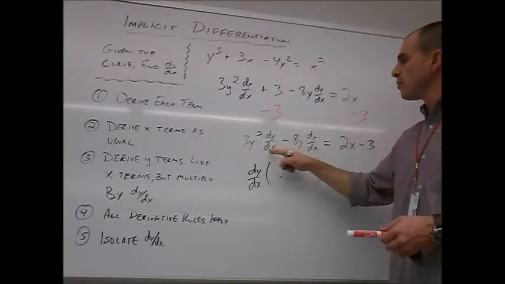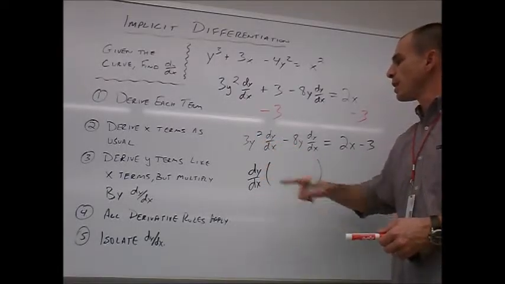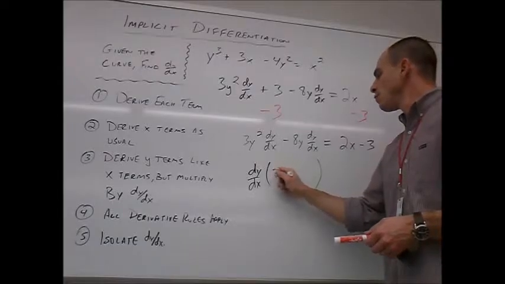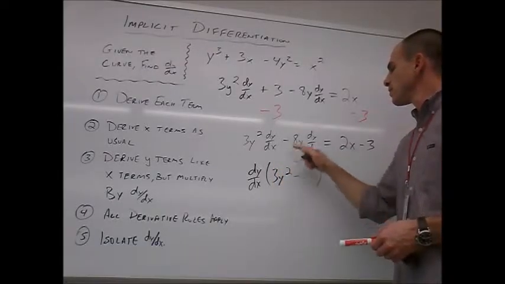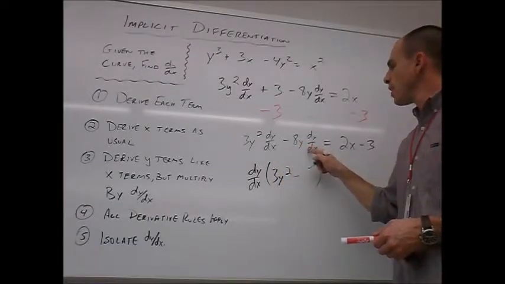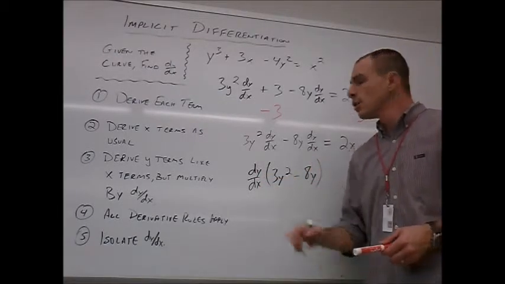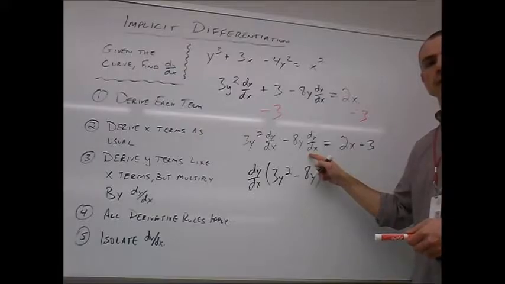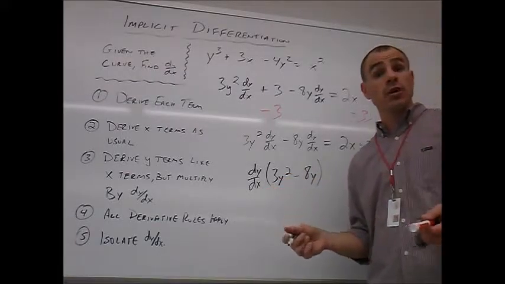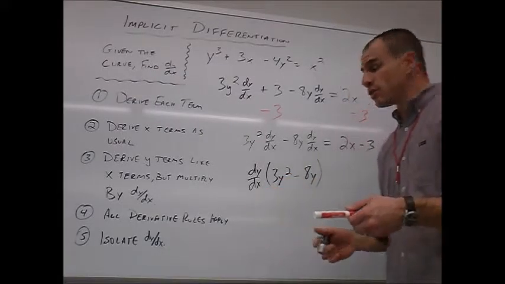So 3y squared dy dx divided by dy dx will leave us with just 3y squared minus, and then 8y dy dx divided by dy dx leaves us with just 8y. Okay, notice how there were two instances of dy dx before, now there's only one. That's good. That's what we're trying to isolate. So we're in great shape here.